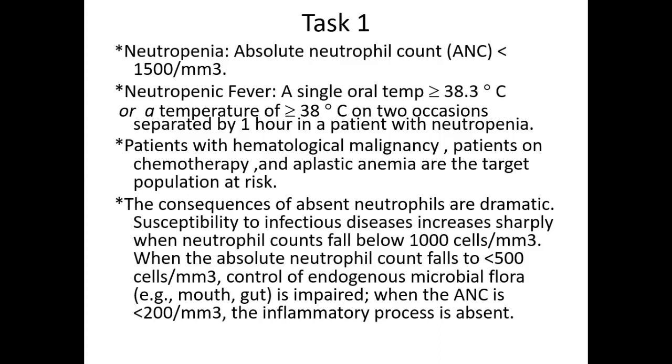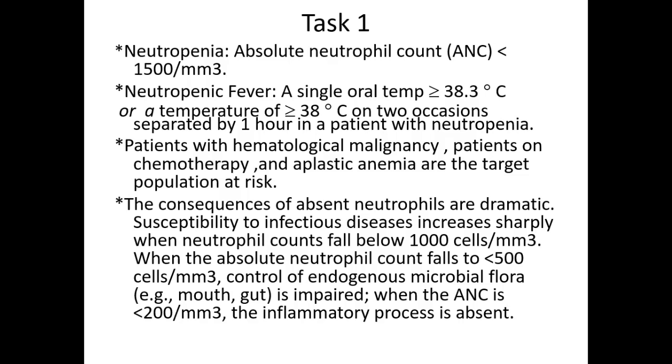Neutropenic fever is a serious problem, and the consequences of absent neutrophils are dramatic. Why? Because these patients are immunocompromised, they are susceptible to infections, and infections progress rapidly in these patients.